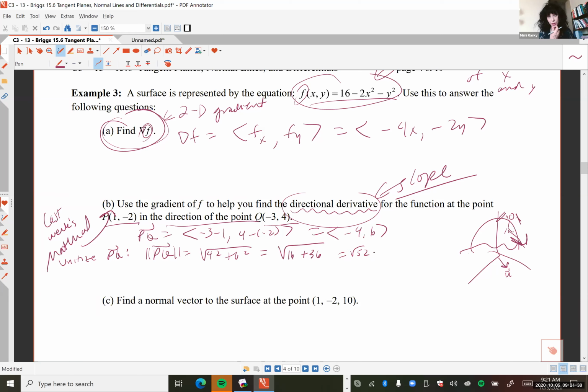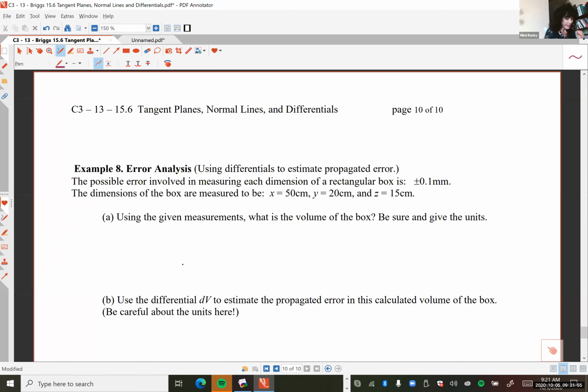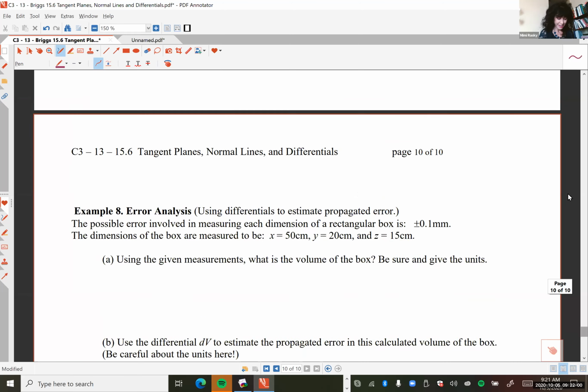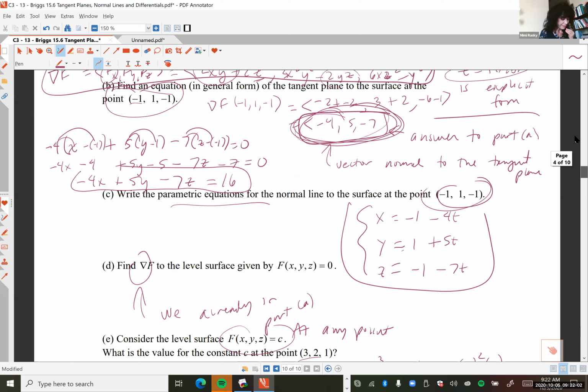It turns out 52 is 4 times 13, and you can reduce that radical to 2 square root of 13, which is nice. So then u is going to be the vector -4, 6 divided by this magnitude, and then you'll reduce to lowest terms. So I get, oh shoot, that's what I get for leaning my hand on the.